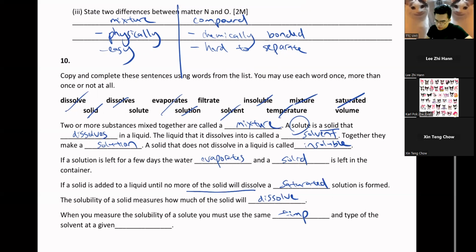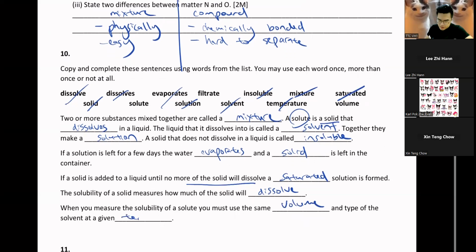Okay, I think it's the volume, the same volume at a given temperature. Volume and temperature, you keep it the same.